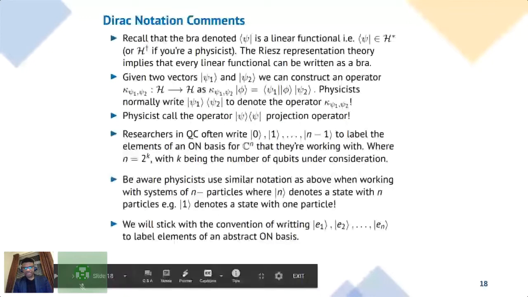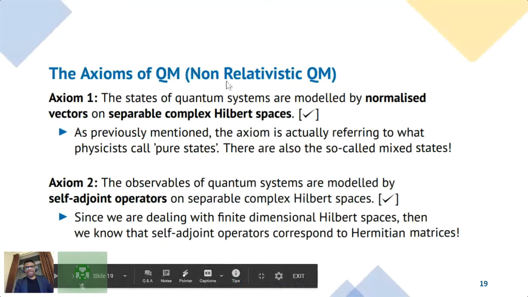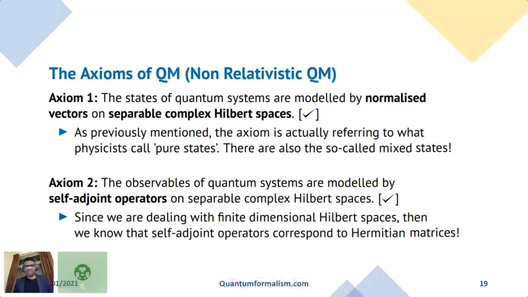Okay, so let me move on. Sorry for that. Now I want to make some comments on the axioms of quantum mechanics. A friend of mine convinced me I should note that the regime we are actually trying to cover is non-relativistic quantum mechanics. I didn't want to add these details because I think it doesn't matter. But essentially it means that we are ignoring relativity.